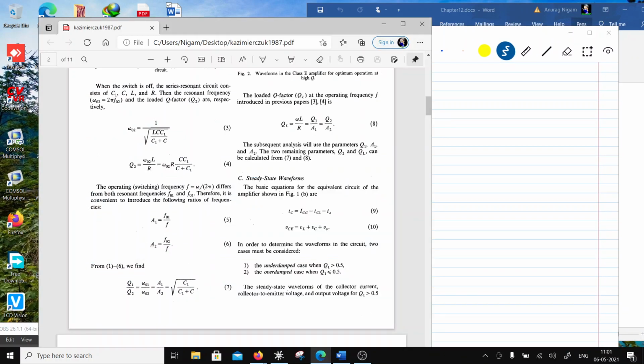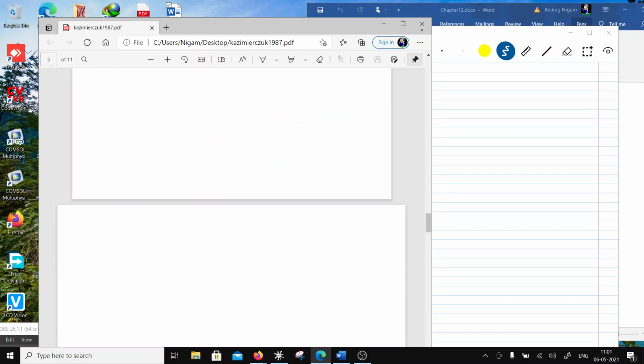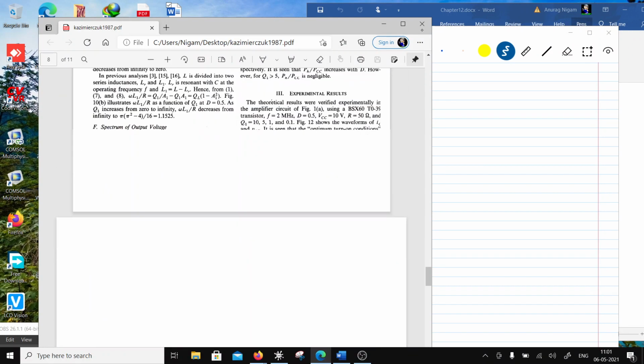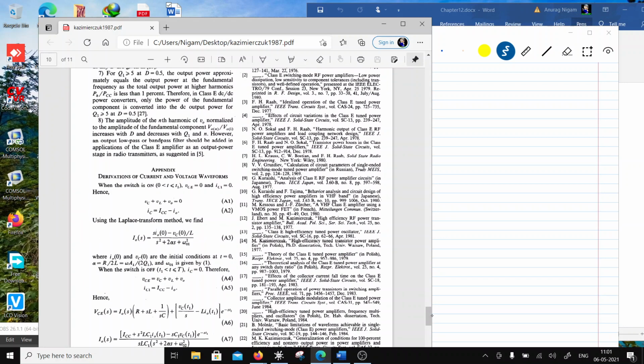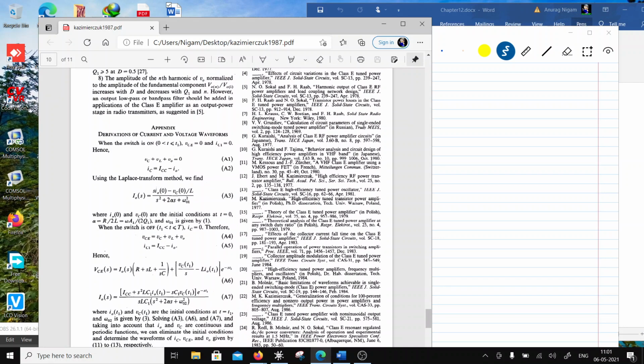I'll refer to its equations, which are in the appendix, and which I will also write here. The way to solve this is, let's consider an on condition.